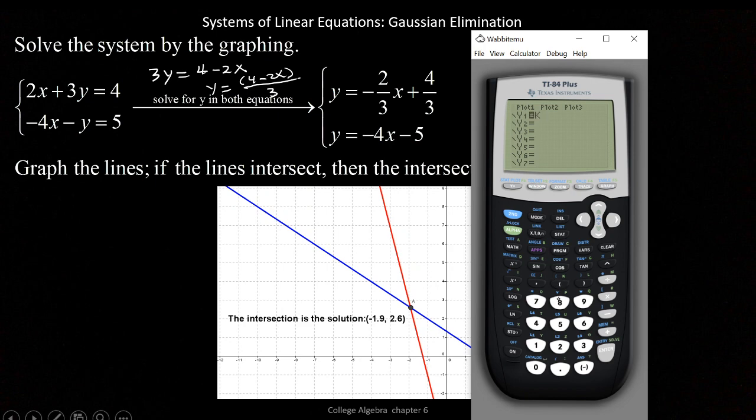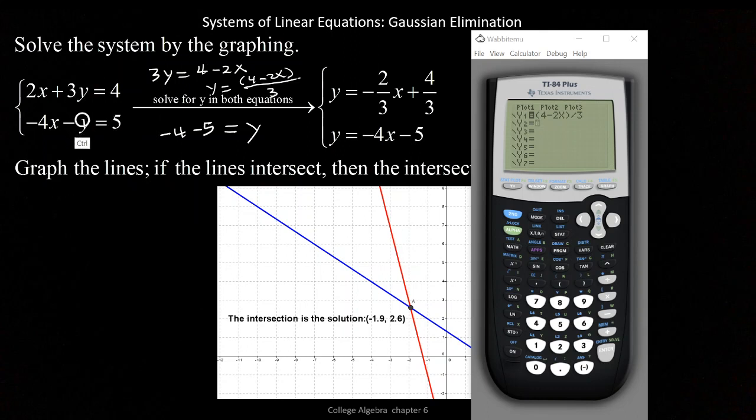You can just put parentheses 4 minus 2x divided by 3. So that's one equation. And the other equation, you just move the y to this side and move the 5 to the other side, right?